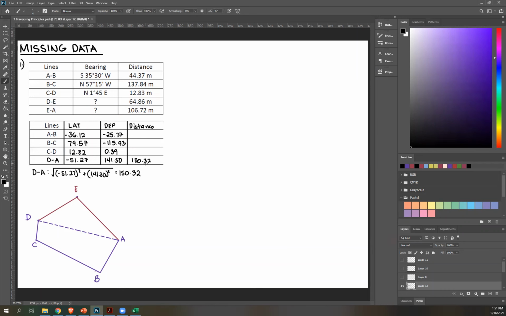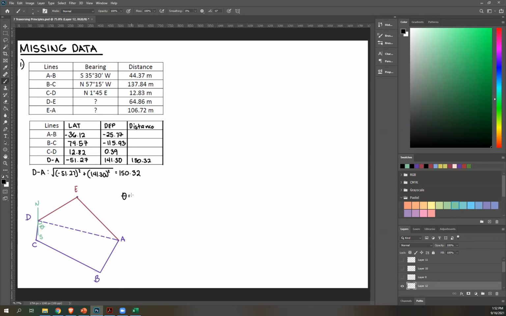And then, from latitude and departure, you can also get the bearing of your line. So to get the bearing, that's your theta. Theta would be here, from this north-south line. This is your theta. And you can solve for that using trigonometric functions.